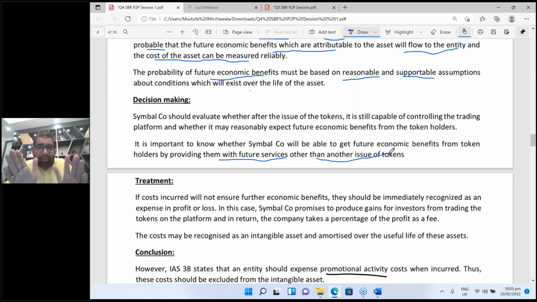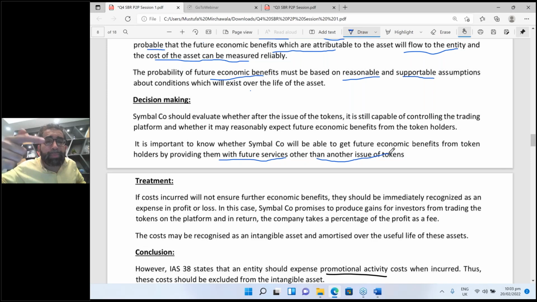It means, in the beginning we are giving them tokens and we are taking money. And after this, the trading platform will work. They will buy and sell these tokens on the trading platform.